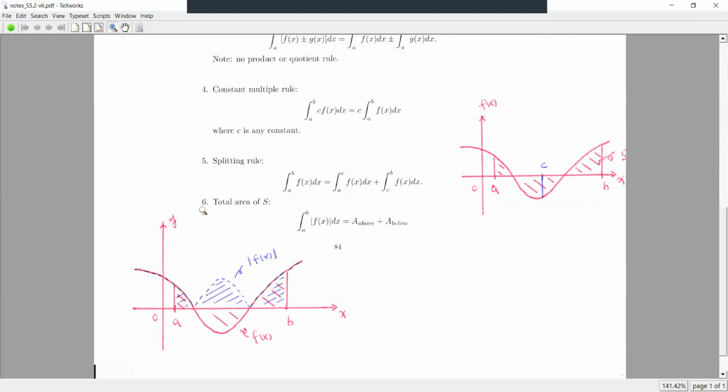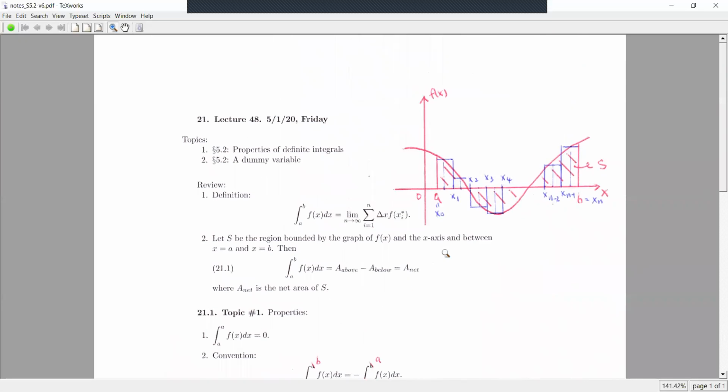Property number 6, total area of the region S. Integral is net area: total area above the x-axis minus total area below the x-axis.